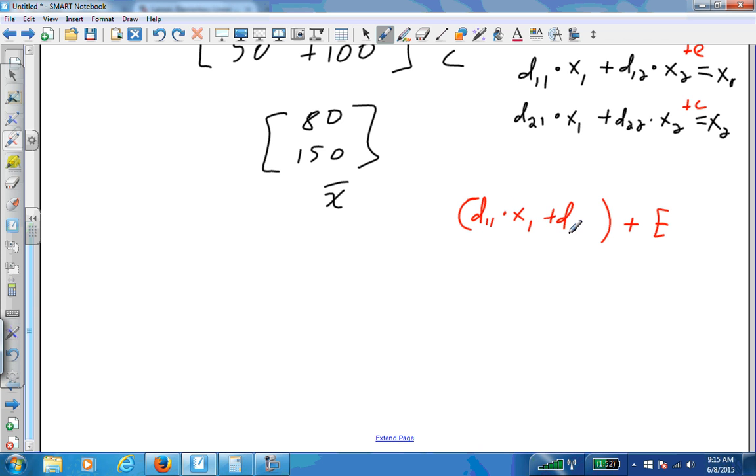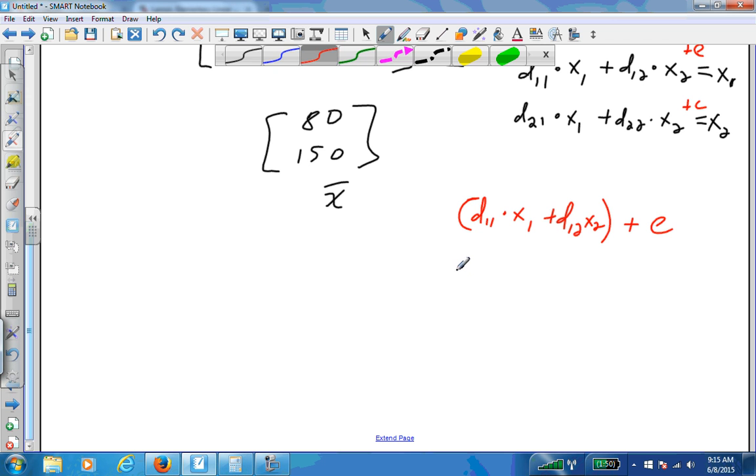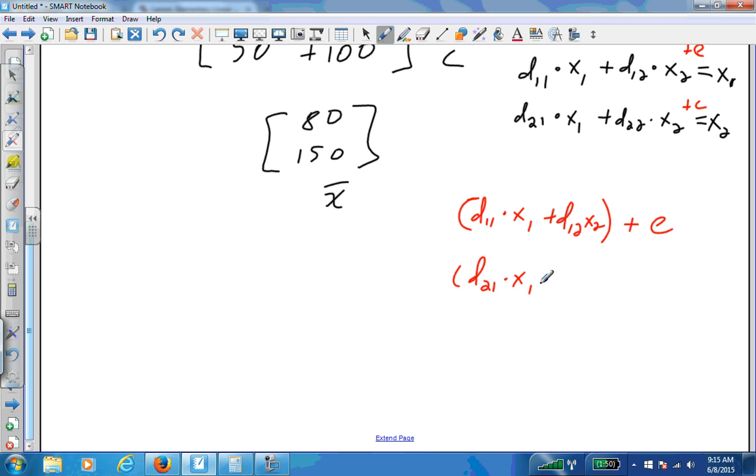So actually, let's go back. So this is electricity. How much coal the outside world needs.